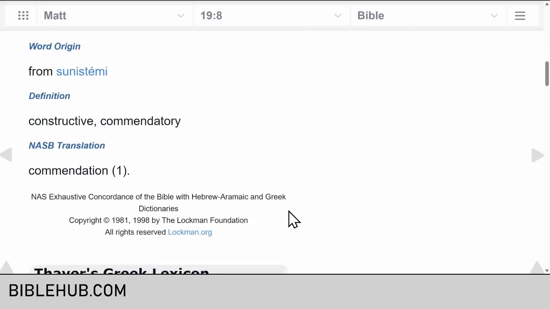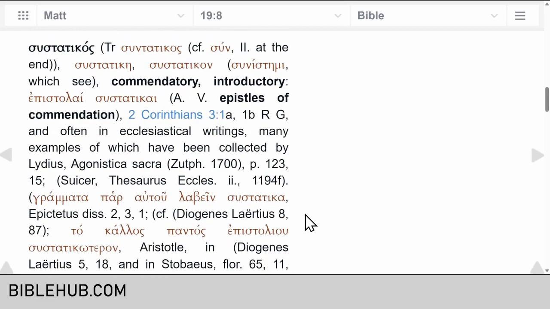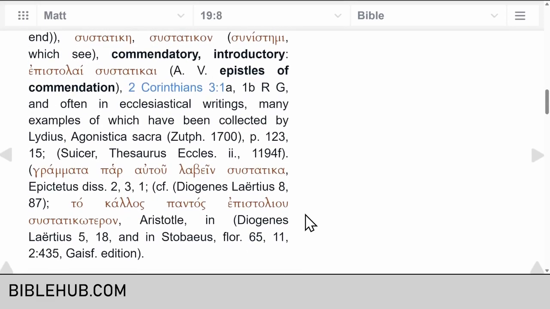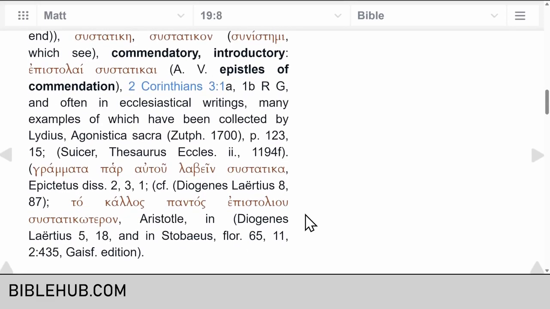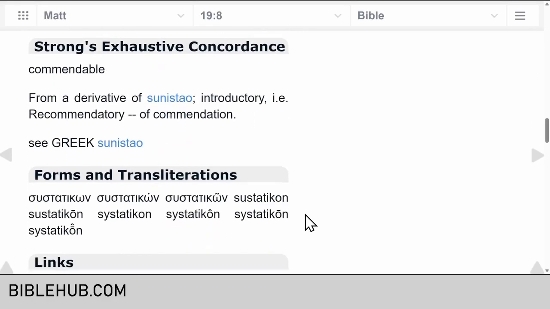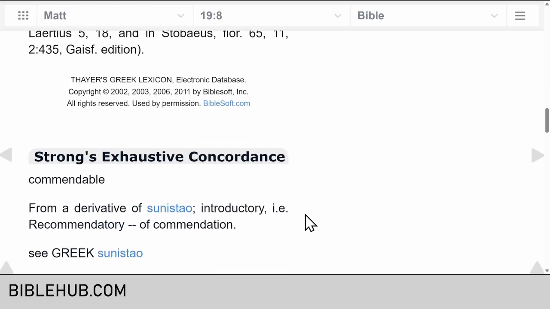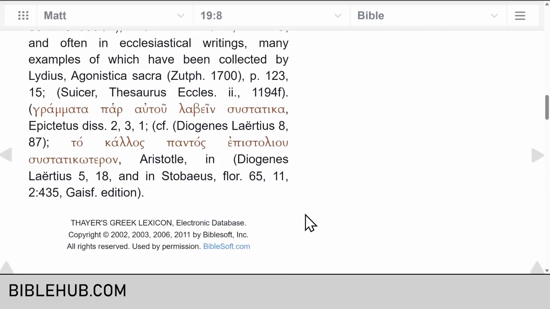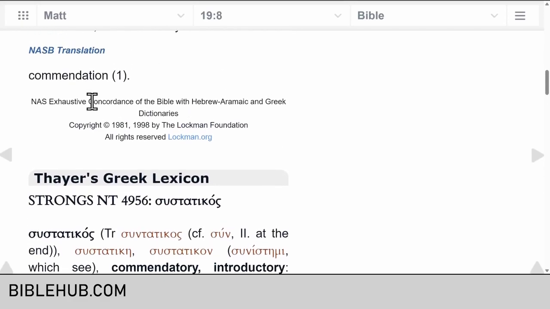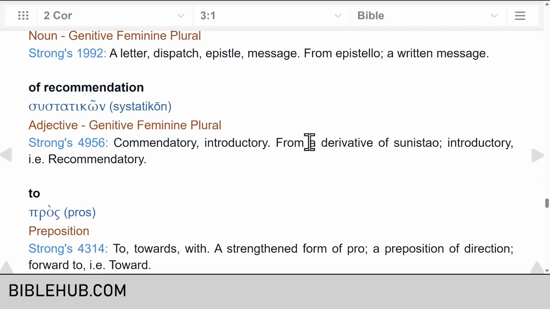All right, and so you can see this is the only place it's used, but it's very similar to the other word in its meaning about standing together, commending, so making a recommendation.